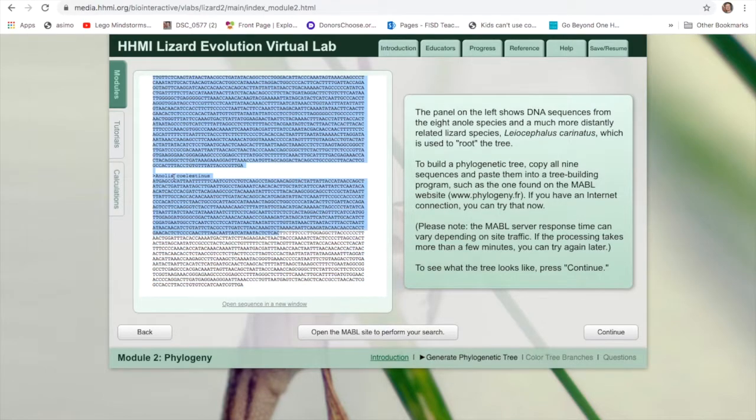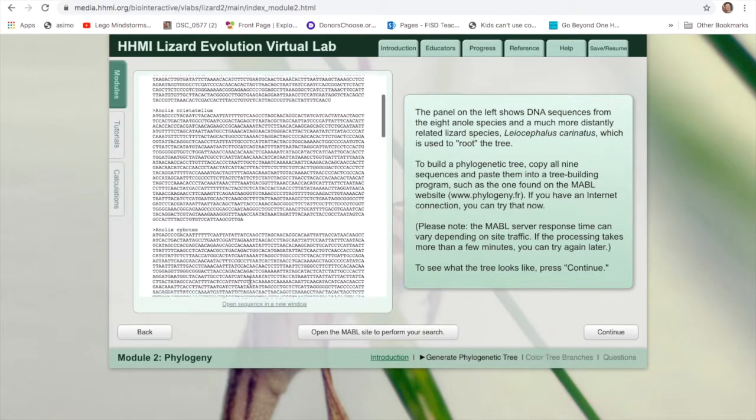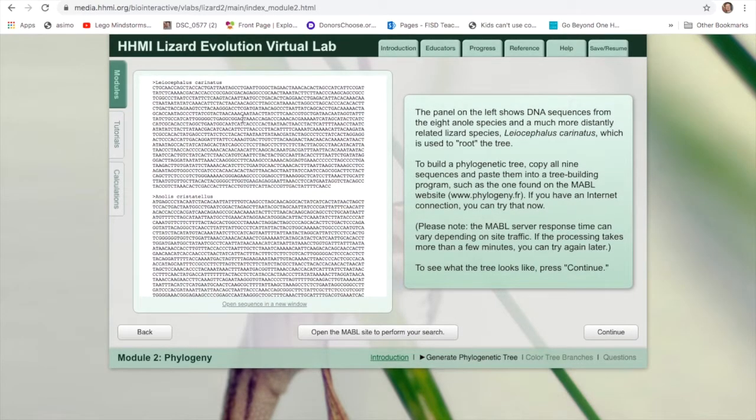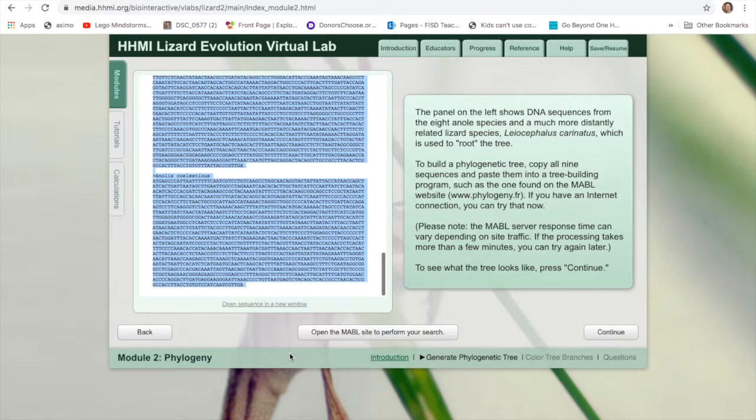What we're going to see is we have these long A, T, G, A, G, C, C. You remember those letters from the genetic code? What we're going to do is comparing these genes. This is one small gene on the mitochondria. We're going to be comparing these genes with this particular tool.